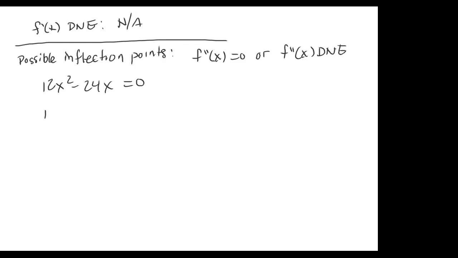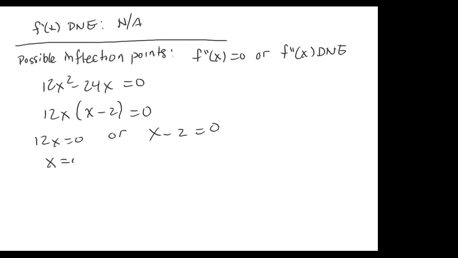I'll factor out a 12x times x minus 2 is equal to 0. This gives me that 12x is equal to 0, or x minus 2 is equal to 0. On the left-hand side, I get that x is equal to 0. On the right-hand side, I add 2 to both sides, and I get that x is equal to 2. So 2 possible inflection points.